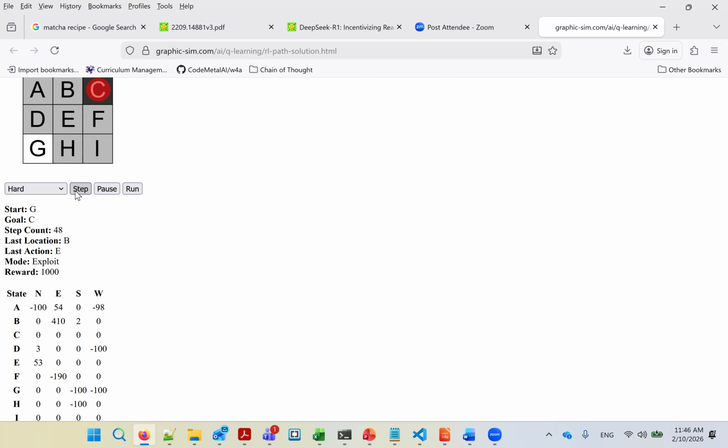Let's say this was slow go terrain. You'll get there, but it's not the best way. Then eventually it should explore over this way and realize there's actually a faster way. There's more points to be had going from H to I than going to E, because I get to the reward quicker.